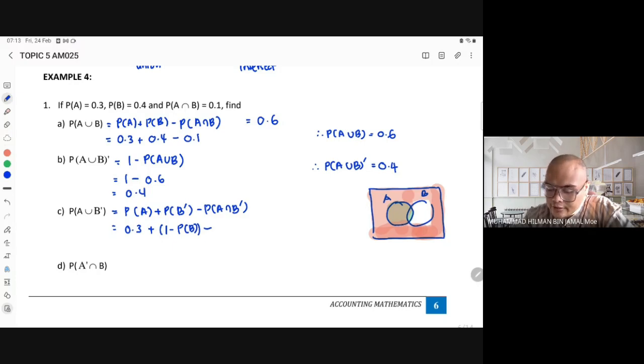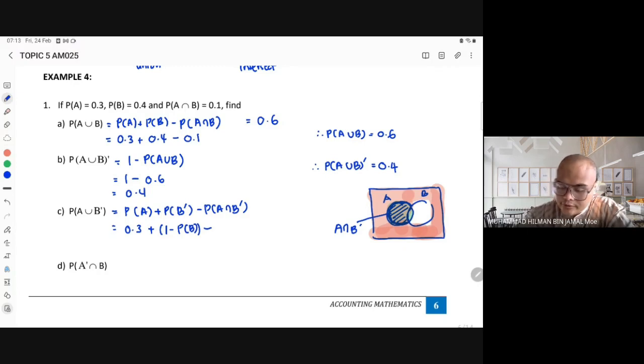So kalau you tengok antara hijau dengan merah ni, yang intersect dia hanyalah dekat sini. Okay, so dekat bahagian ni sahaja yang ada hijau and ada merah. So that mean ini adalah bahagian A intersect dengan B prime.